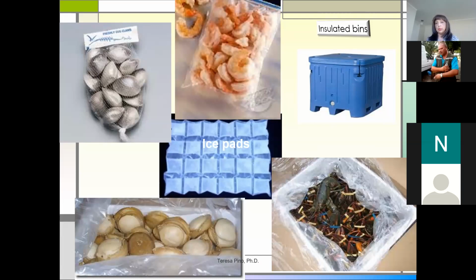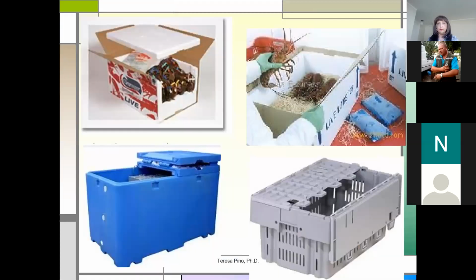So if you're going to be sending live octopus, for example, or live abalones, you're going to send them here. So they're not packaged. You've got seawater here and you've got them sealed so the water doesn't jump all over. And obviously remember that this is going for trips by airplane, so they are not going to stay there for over 24 hours.